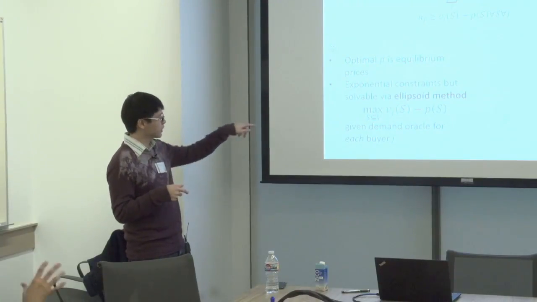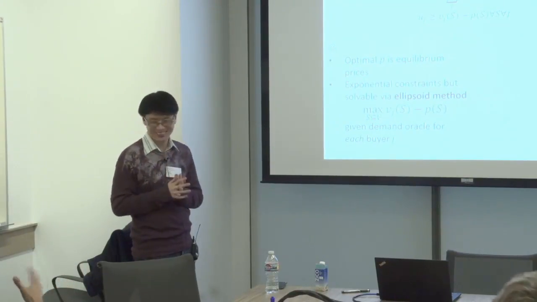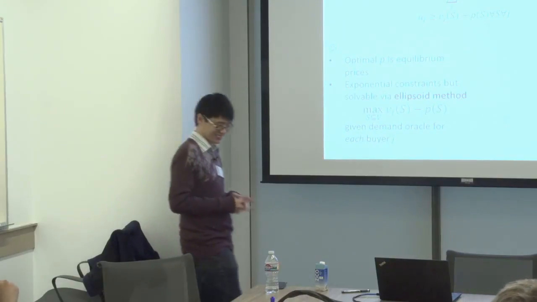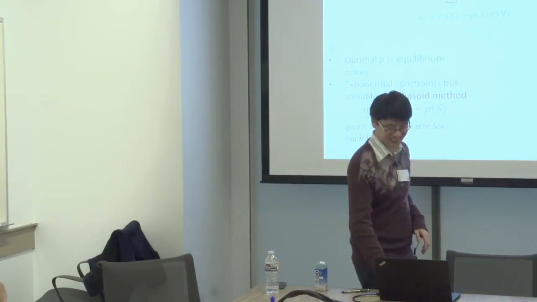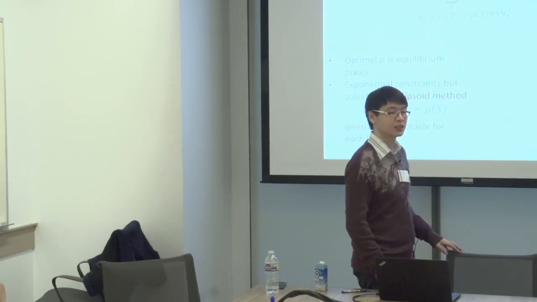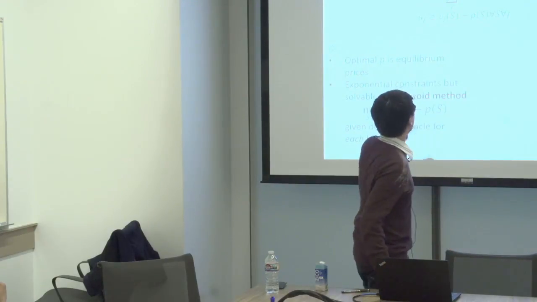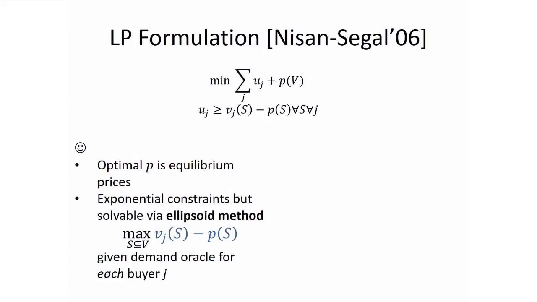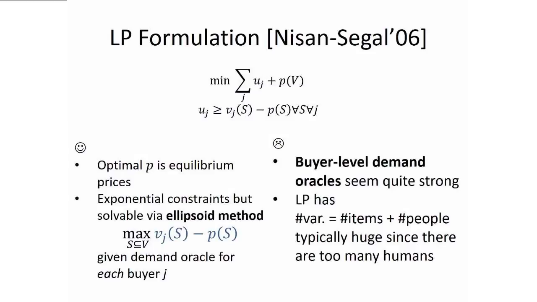In the interest of time, I think we should move on. And P of S is a linear function, so it's just a sum of all the prices in S. Just a shorthand.